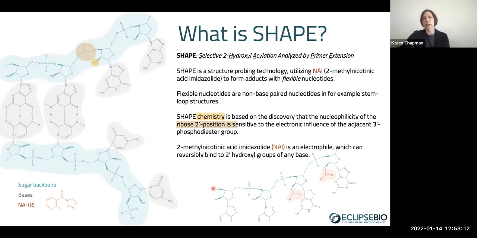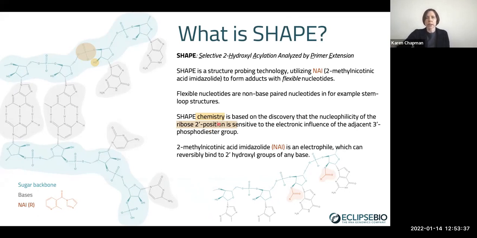What we are doing at ECLIPS is really trying to make this technology accessible, developing services and kits around CHAPE that we plan to have on the market later this year. But again, this is a technology that's in the public domain, and I want to take you through what this does and the implications more broadly.